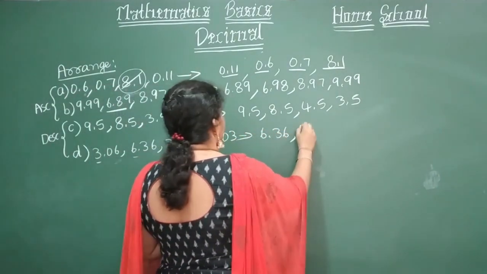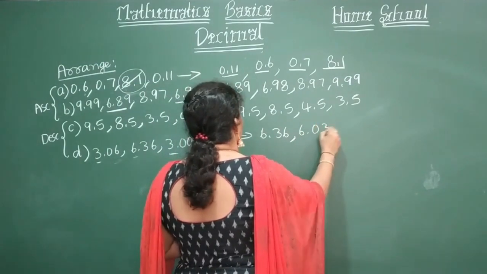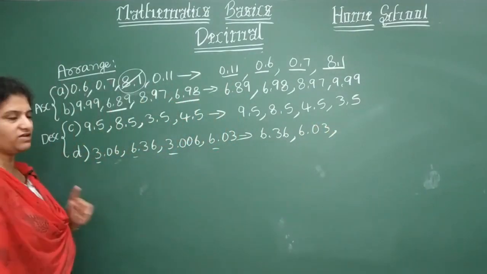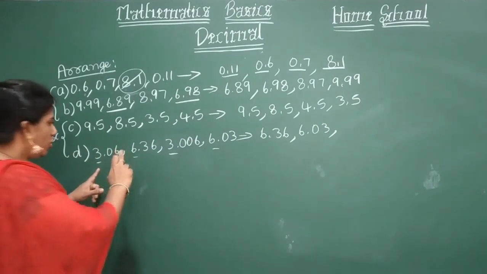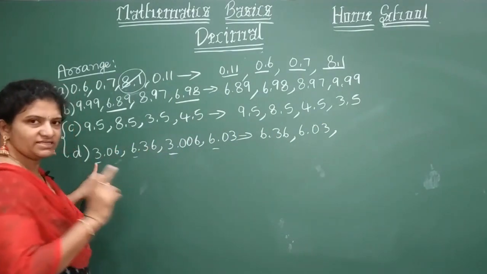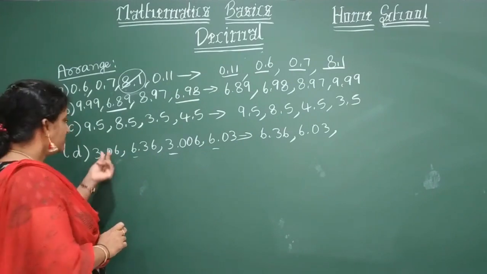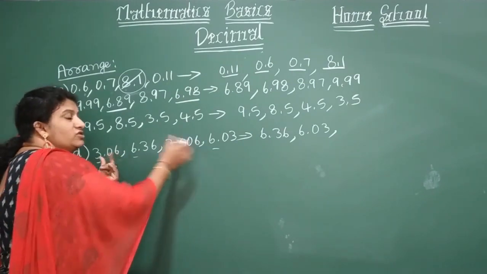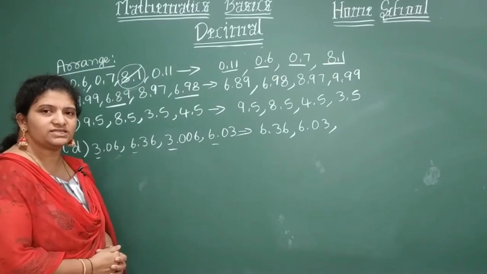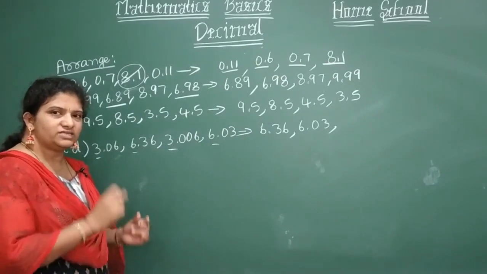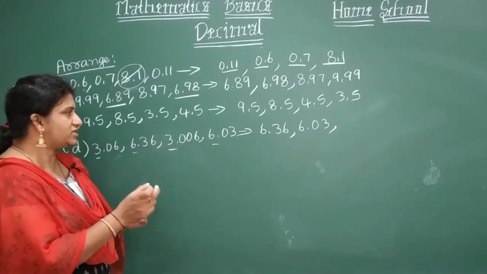6.36. Next, 6.03. Next, now observe here carefully, children. These two whole numbers are starting with 3, right? Now, this decimal place, 0.6, which is greater? 0.6 and 0.06.